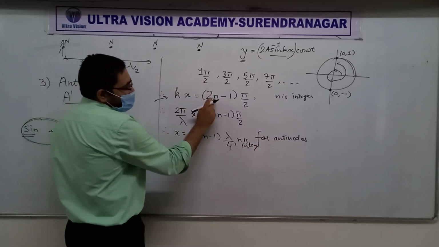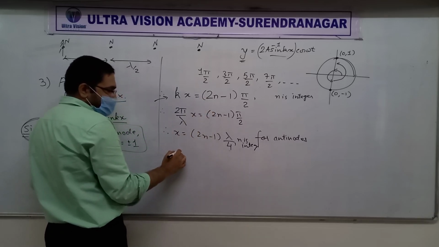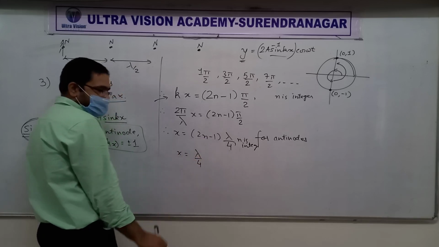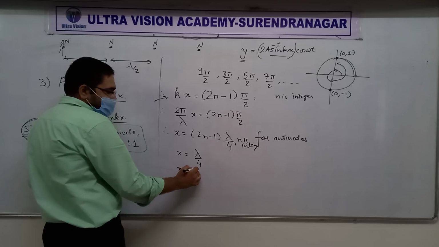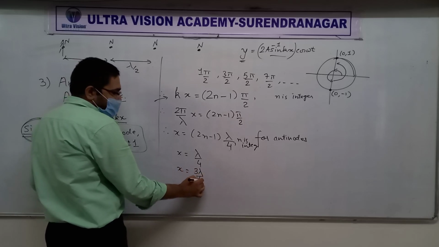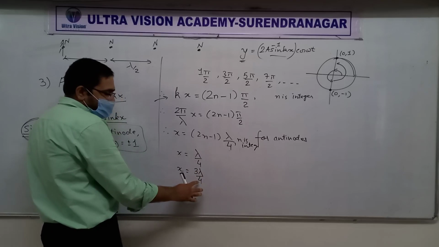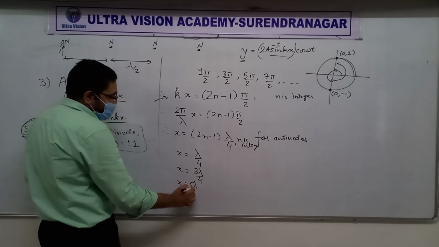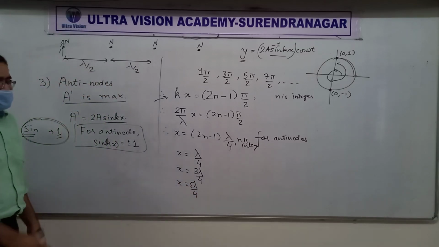If I put n equal to 1, the first antinode is at x equal to lambda by 4. The second antinode will be at x equal to 3 lambda by 4, 4 minus 1 is 3. The third antinode would be at x equal to 5 lambda by 4. All of this is clear, and so on and so forth.